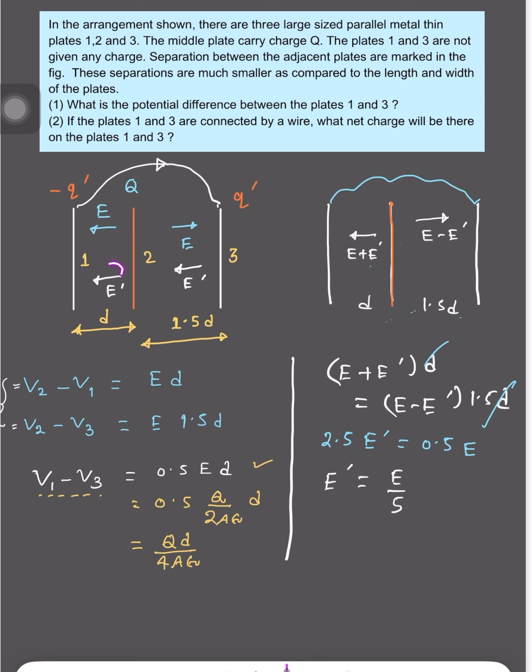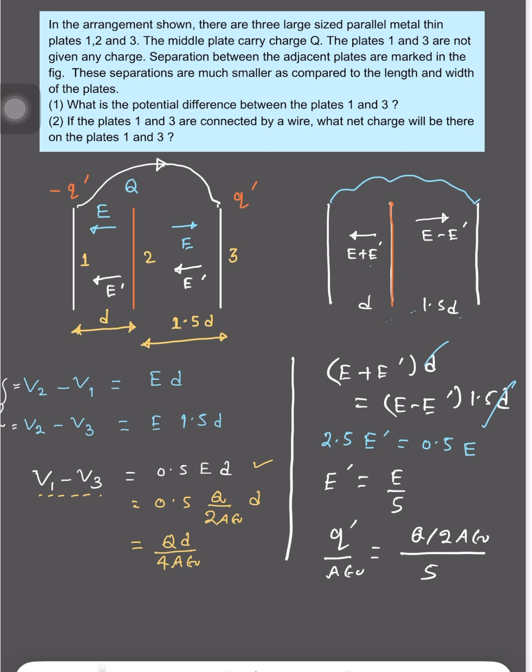E dash is due to Q dash and minus Q dash, and that is Q dash upon A epsilon naught. And how much is E? That I have written earlier. E is due to Q, so that will be Q upon 2 A epsilon naught.